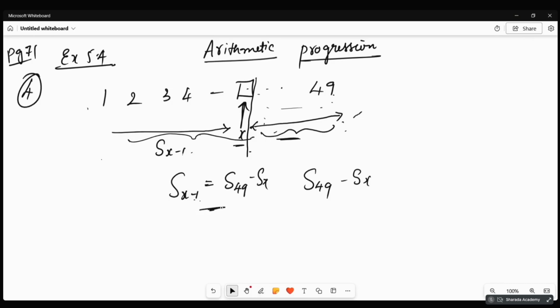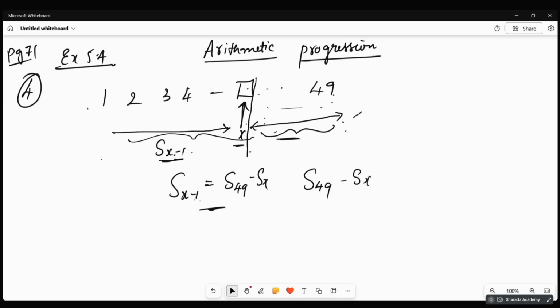Again, I repeat, 1 to 49 there are continuous numbers. In that, some number I will take as x. Leaving that x, the rest everything if I add, it is S(x-1). Think of the 15th one: all before it is S14. Leaving that 15th one, I have to add all other remaining also, so these two should be equal.